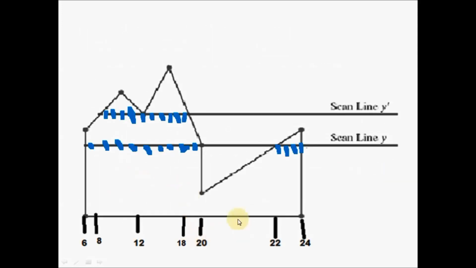You can see 6, 20 I filled, 22, 24 I filled. 20, 22 I am not going to consider, though you can tell that it's intersecting two times. If I consider 20 two times, what happens? 20 to 22 is outside the area, not necessary. That's why I am considering 20 only one time, right guys?